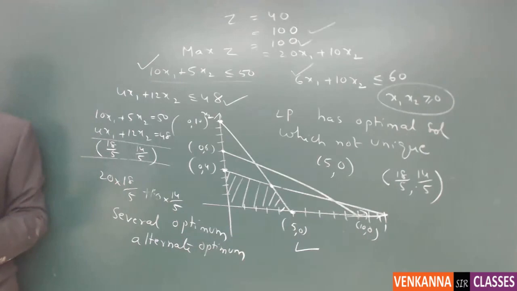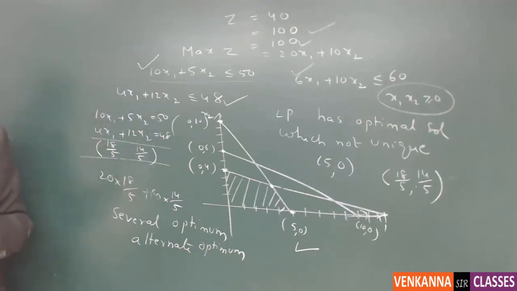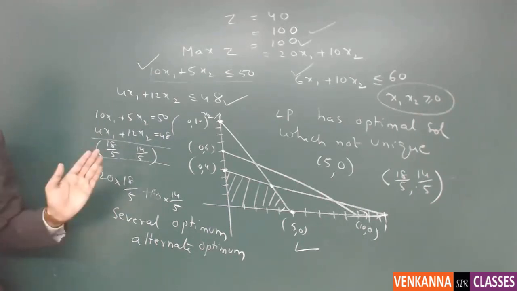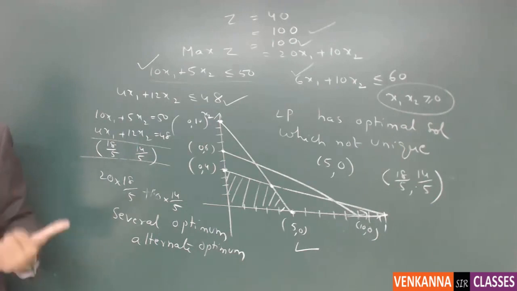If you talk of a real life situation, you can choose either of the two to get the maximum output. So in solving the real life situation, we have 2 ways to solve it. In such a way we can interpret that. Fine. So here the solution exists.